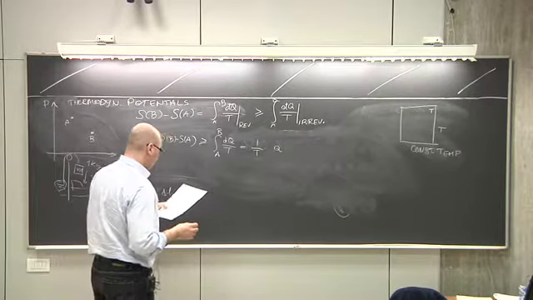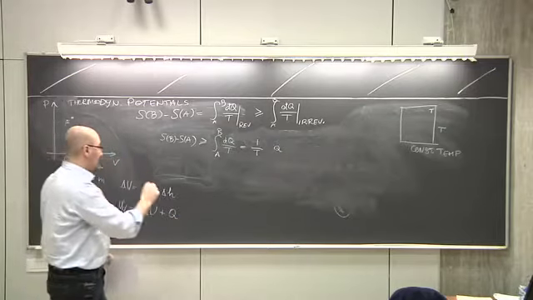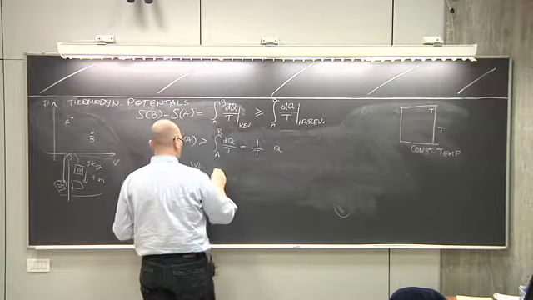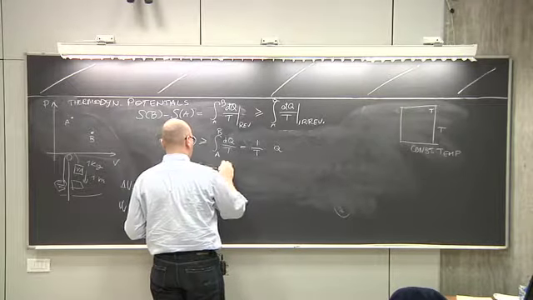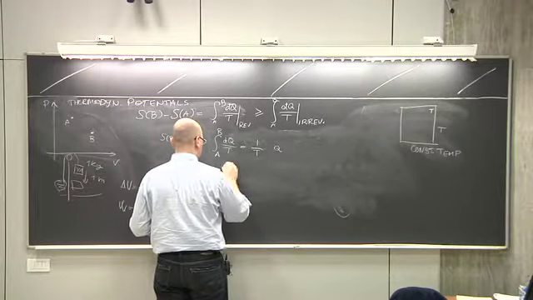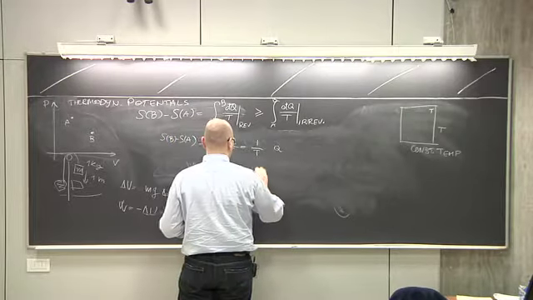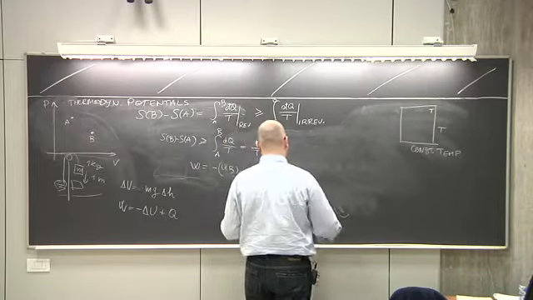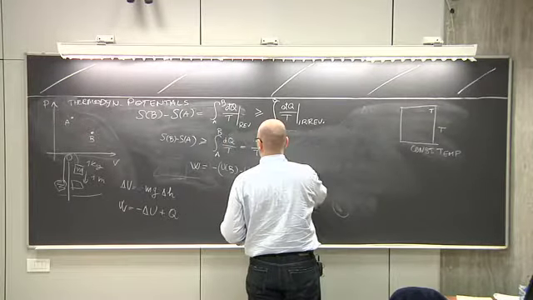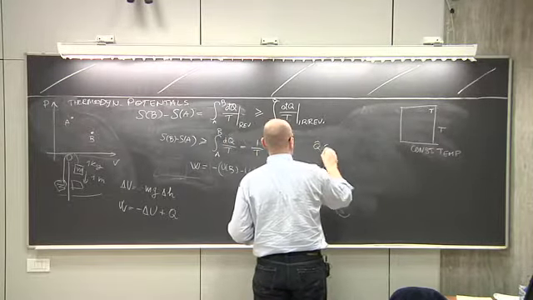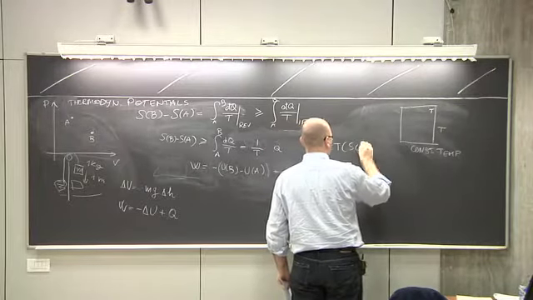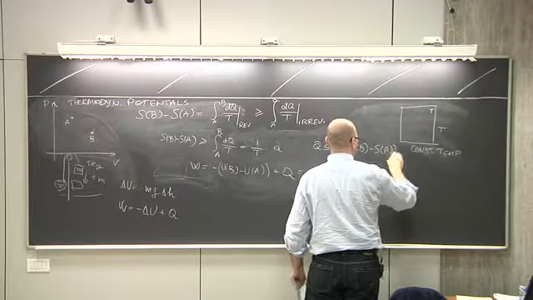Okay, so the work done is minus (U_B minus U_A) plus Q, but Q is less than or equal to T(S_B minus S_A).